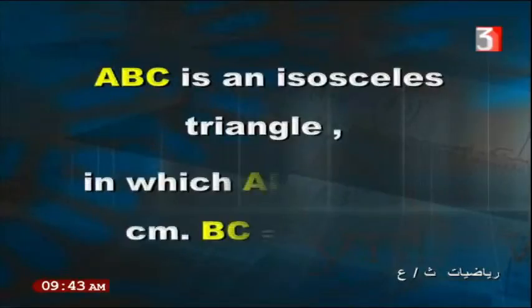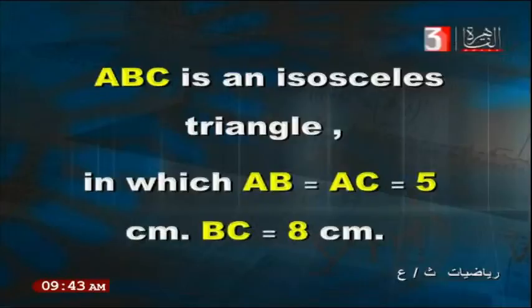Now we move to another example. ABC is an isosceles triangle in which AB equals AC equals 5 centimeters, and the base BC equals 8 centimeters. Forces of magnitudes 20, 32, 20 gram weight act along rays AB, BC, CA respectively.